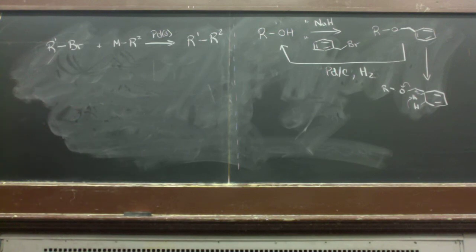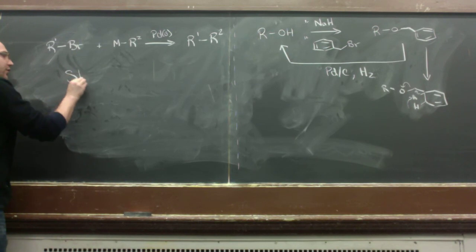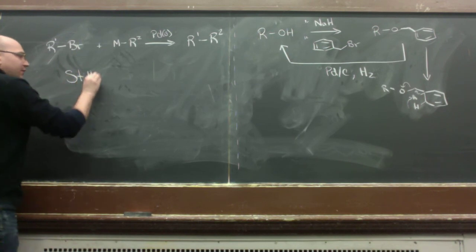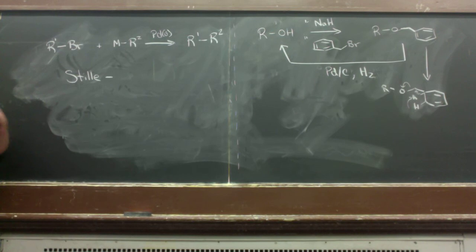And the only difference with a Stille, and so we've learned really well, in terms of this specific thing, we've learned two versions. I'm not going to include the Heck or the Sonogashira, which are a little bit different. But in terms of this basic process, we learned two reactions. One was the Stille, the other was the Suzuki.